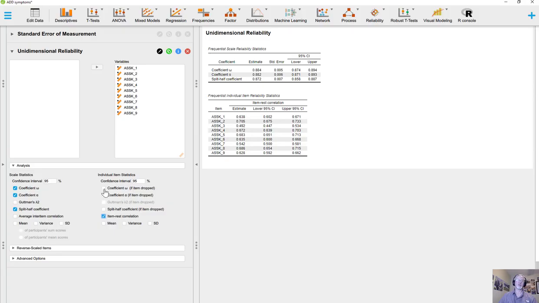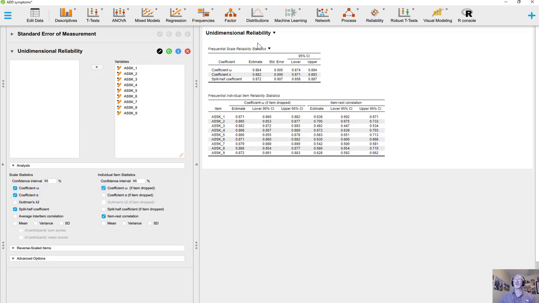If we look at coefficient omega if the item is dropped, notice that we're starting off with a coefficient omega of 0.884. Do we get anything larger if we drop an item? 0.871? No, that's lower. 0.865? No, lower. 0.882?